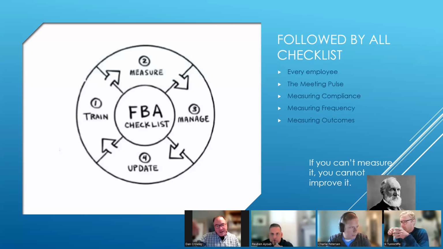There are 3 measuring elements to determining the success of implementation of a core process. We did step 1, 2, and 3. Number 1 is measuring compliance. Are people adhering to it? Are they breaking the rules? Are they staying inside the rules?